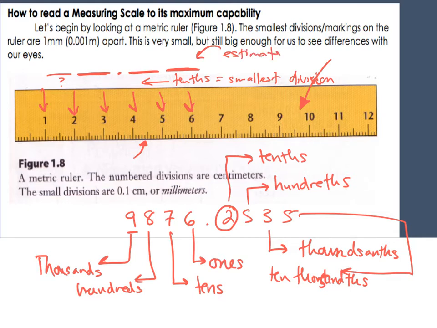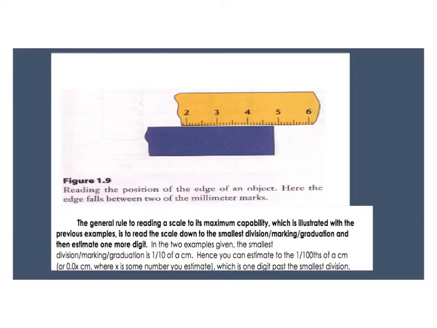And how do I do that? Well, I imagine that there's 10 more little lines between these small little lines, and I take a guess as to where in that space the object might fall. I'm taking a guess, so therefore it's an estimate. So the general rule of reading a scale to its maximum capability is to read the scale down to the smallest division and then estimate one more digit.